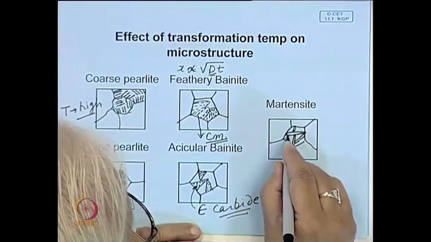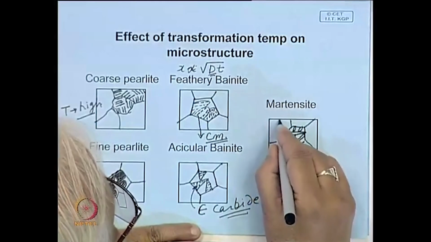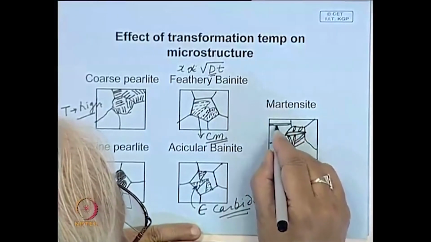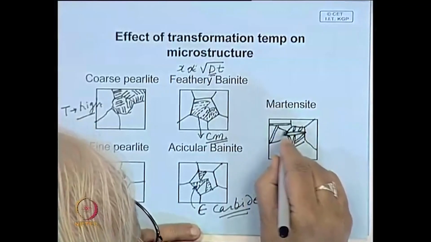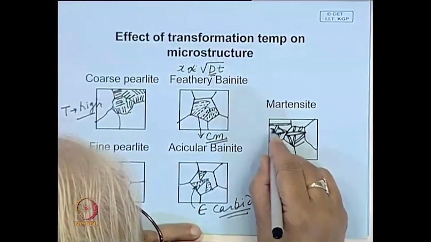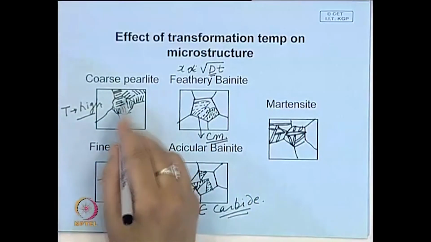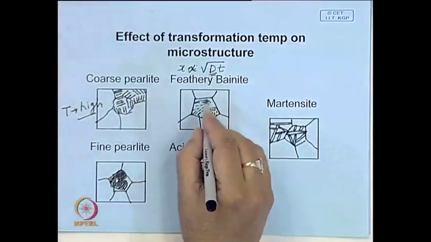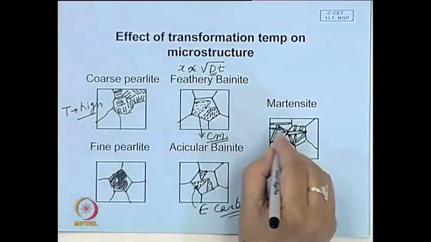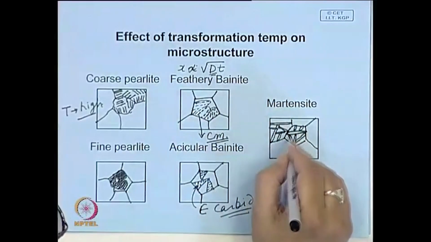The entire structure gets converted into this type of needle structure, and they are so fine under a normal optical microscope, and it is very difficult to etch also. When you polish and etch this steel, etching actually attacks boundaries, and here such carbide boundaries are non-existent.